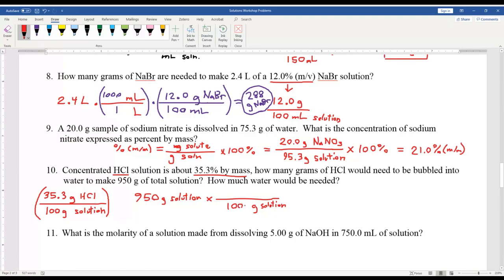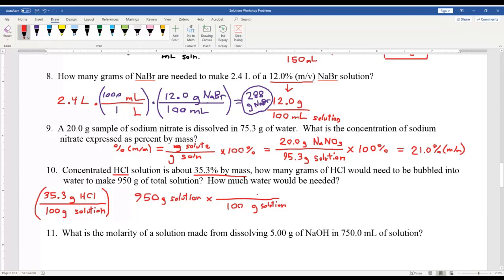Although in fact, I broke my own rule for doing conversion factors, and that is always put your units first before you put any numbers. What am I converting grams of solution to? What unit should go on the top?